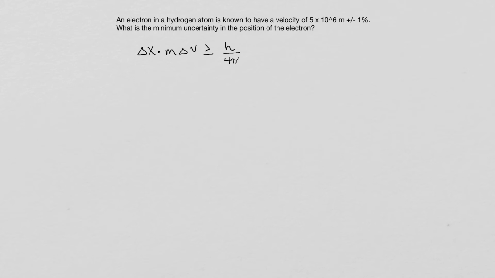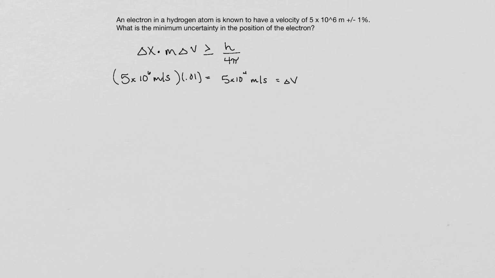So we will have to actually do a little bit of calculations to get this value here. And so we do that by 5 times 10 to the 6th meters per second, and we multiply that by 0.01, which is 1%. And that gives us the actual uncertainty of 5 times 10 to the 4th meters per second. And so that's our uncertainty in velocity.